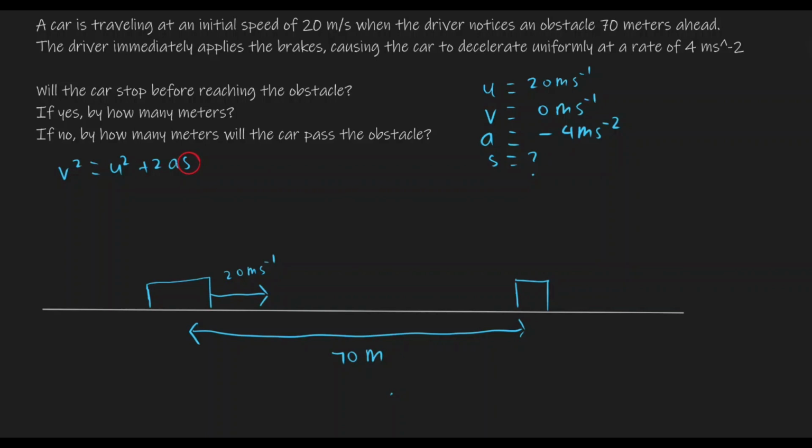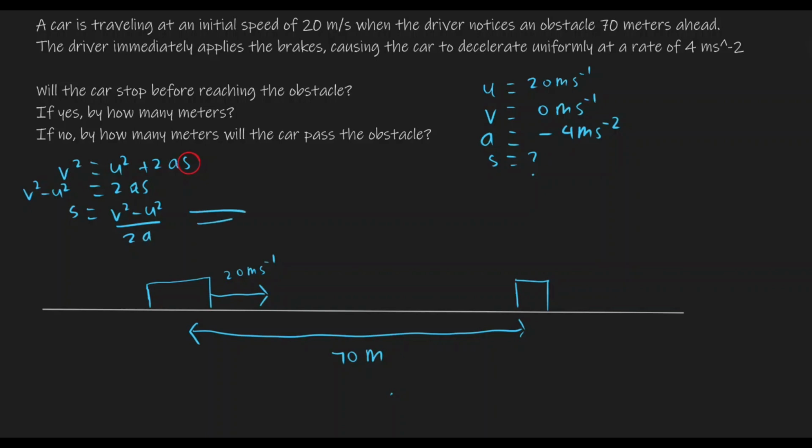Now let's make s the subject of the formula. So this becomes v squared minus u squared is equal to 2as. And now making s the subject, s is equal to v squared minus u squared over 2a.